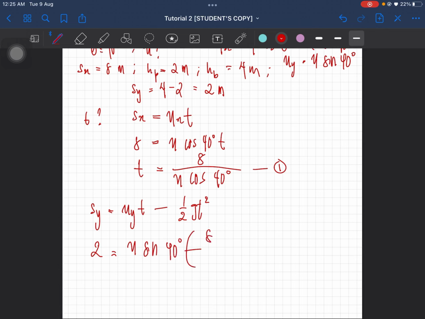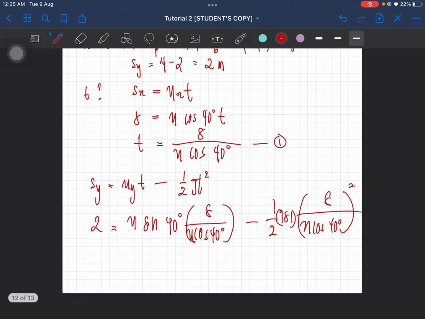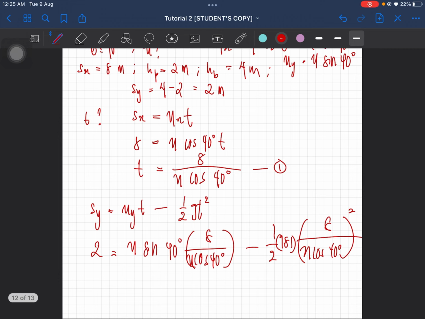T is 8 over U cos 40 degree, minus half G times 8 over U cos 40 degree, you have to square this. G is 9.81. Okay, so from here, you just calculate and rearrange. You have to rearrange step by step.